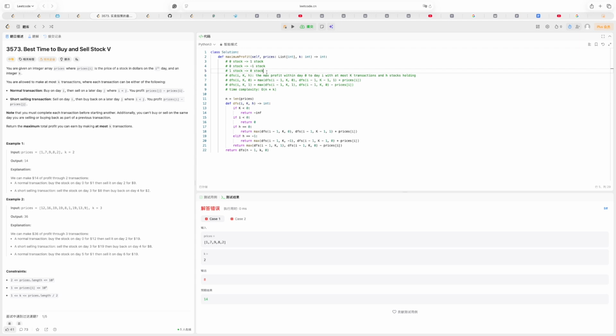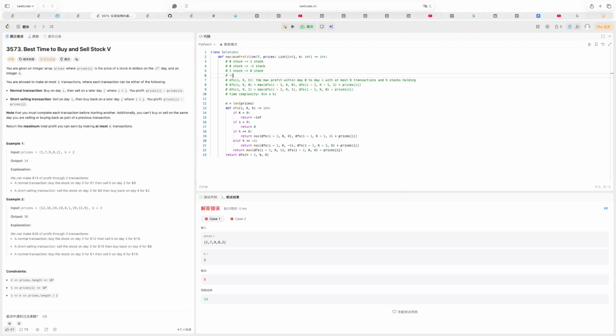Then buy back, it will be -1 stock to 0 stock. So when 0, you can come from 1 stock, or you can come from negative.